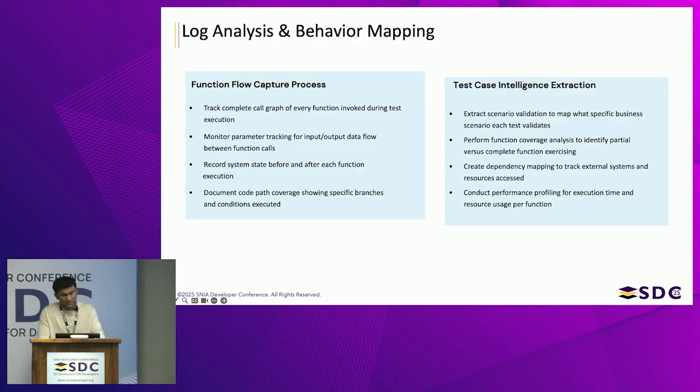The idea here is to capture the complete call graph of a function and what functions are executed in the same workflow. Also, it's very essential to understand what the various scenarios are as part of the functional test executed in this functional context. This also gives us pointers on the functional coverage of the code.